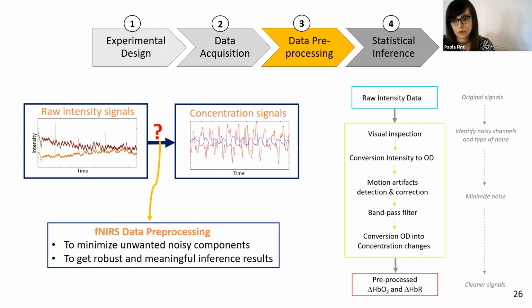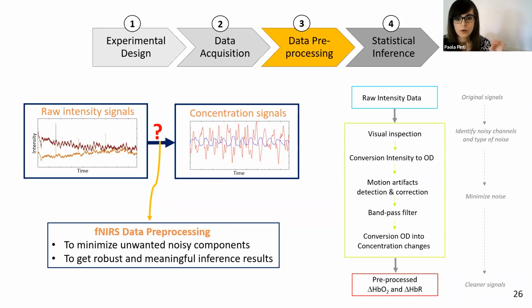This step is also very useful because it can help us to identify, for example, which type of motion we usually see in our data set, so that we can plan our next steps accordingly. In terms of pre-processing steps, I usually correct for head movements and use a bandpass filter to minimize physiological noise. And then at the end, I convert into concentration changes of oxy and deoxyhemoglobin that I use for my stats.